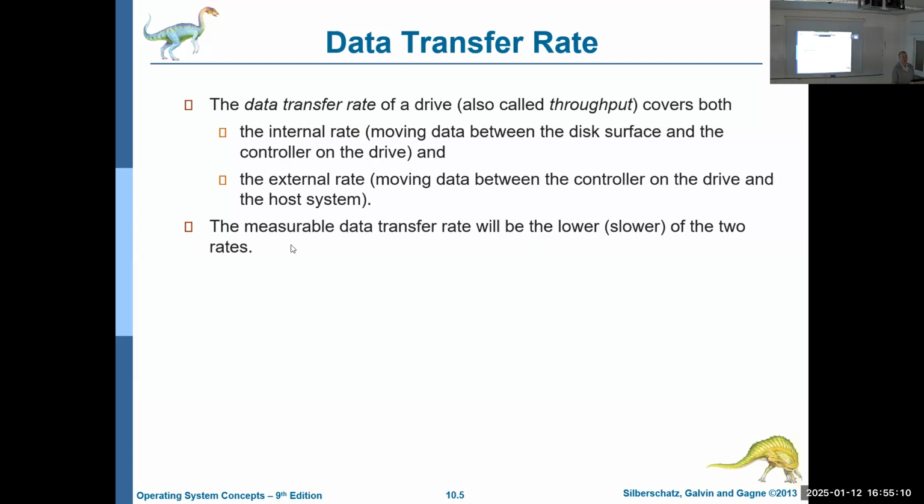It's not the combined, it's the lowest of the two. The rate is whatever the bottleneck is, because I might read at one speed into the controller, and then read from the controller to the host at a different speed. So whichever is slower, that's the rate.